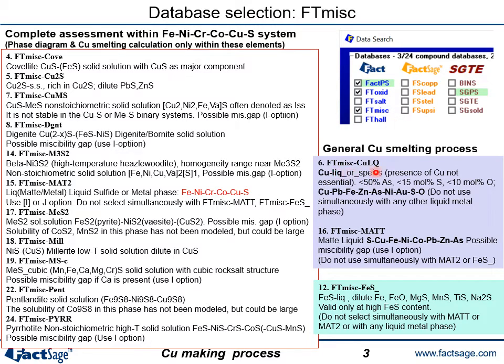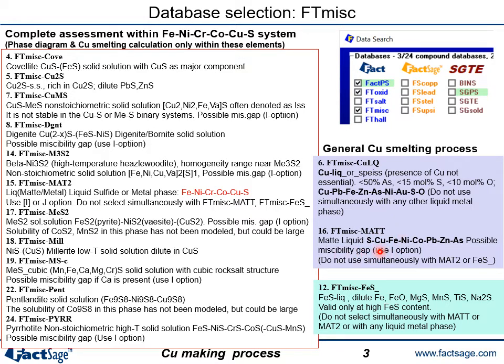The first one is liquid copper, and this contains copper, lead, iron, zinc, arsenic, nickel, gold, sulfur, and oxygen, etc. So this is mainly for the copper liquid phase. However, it contains also some other impurity phase, including sulfur and oxygen. And then the other important database we have to choose for the copper smelting and the converting process is the liquid matte database, and that is called the MATT matte database.